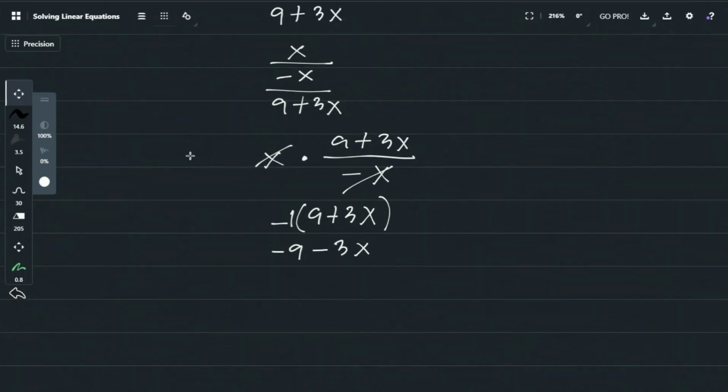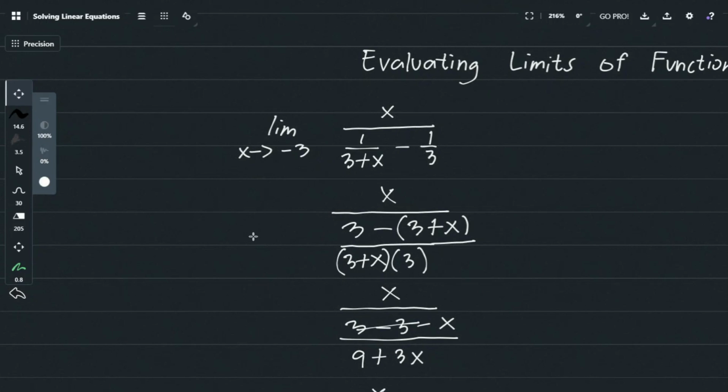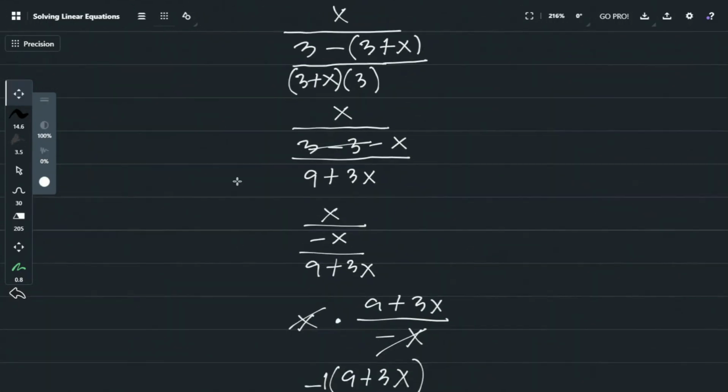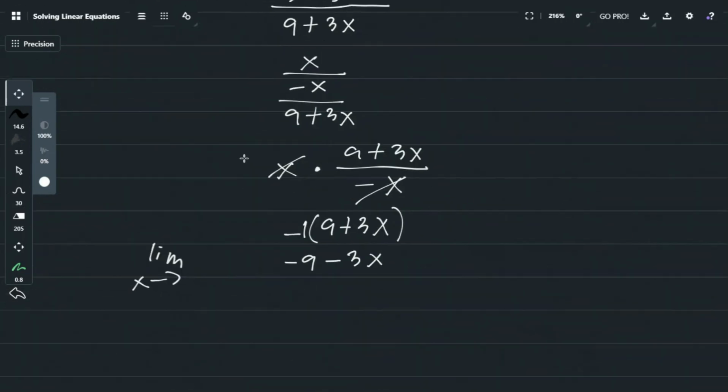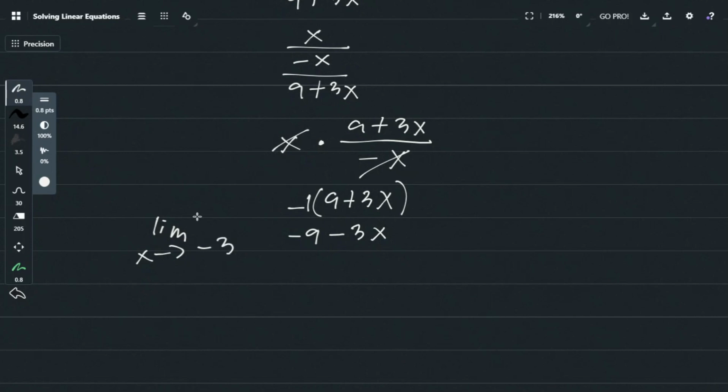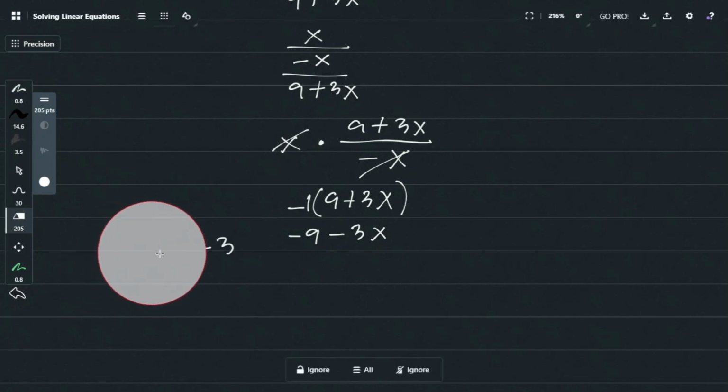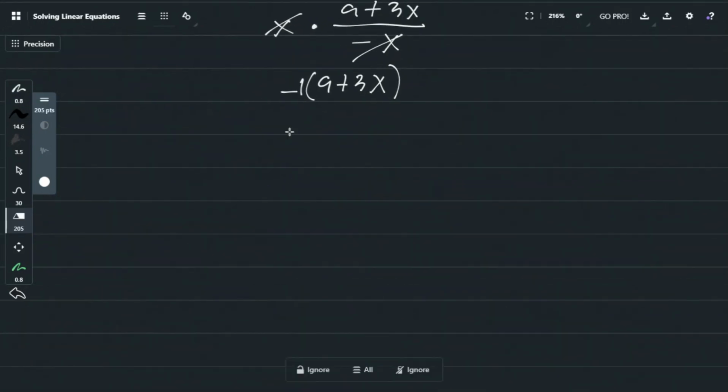So just copy the limit expression, which is the limit as x approaches -3 of -9 minus 3x.